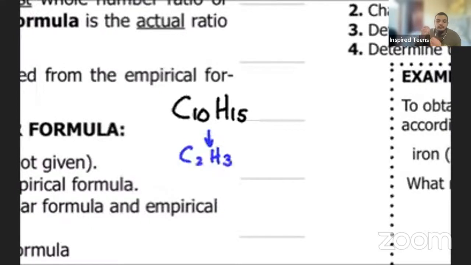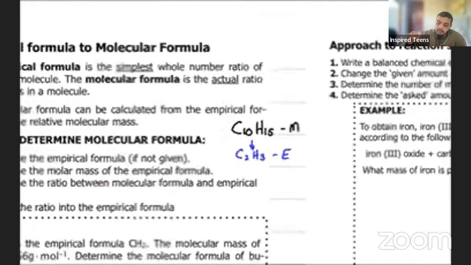This is its simplest whole number ratio, the empirical formula. But this is the actual amount, the molecular formula. That's the difference. Keep that in mind.